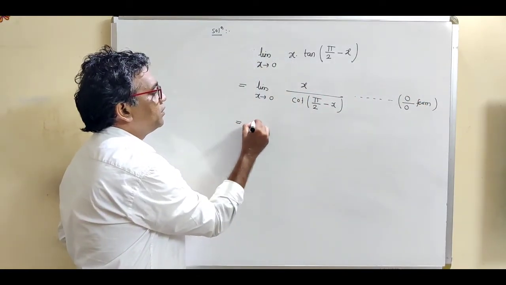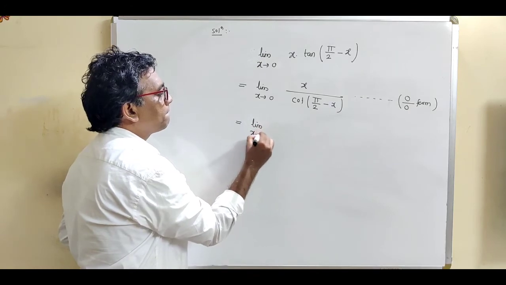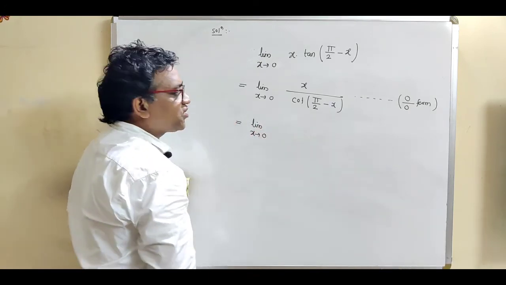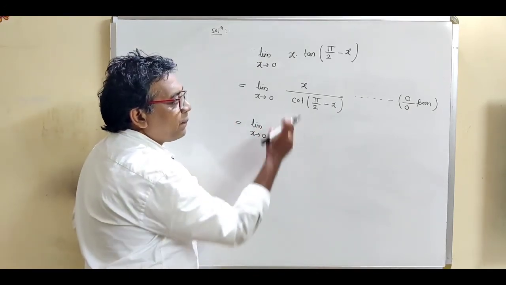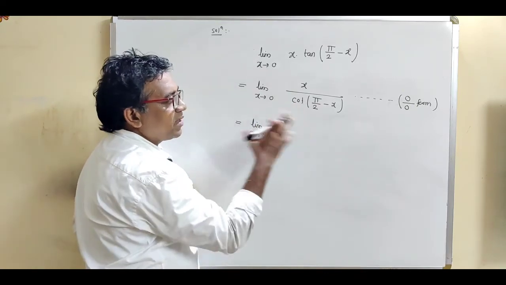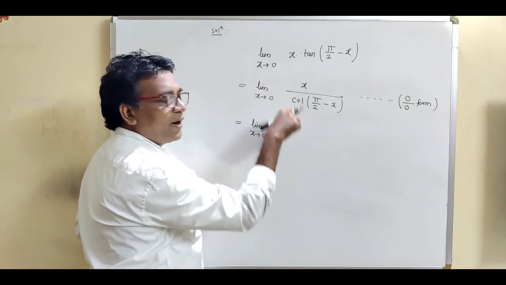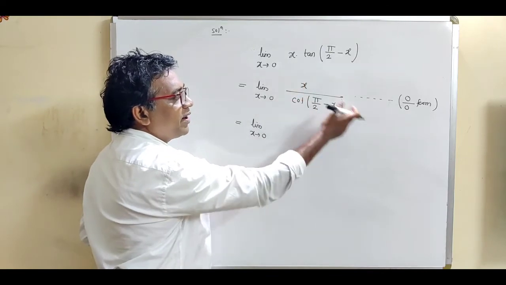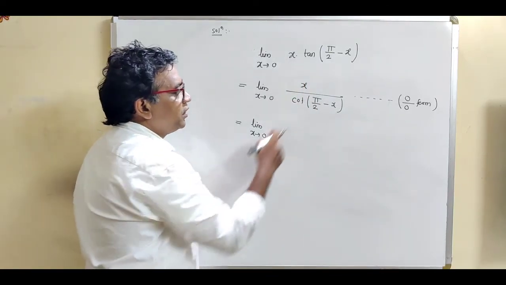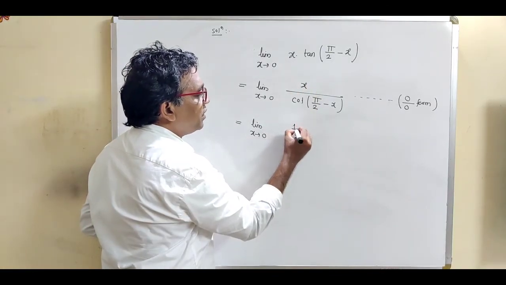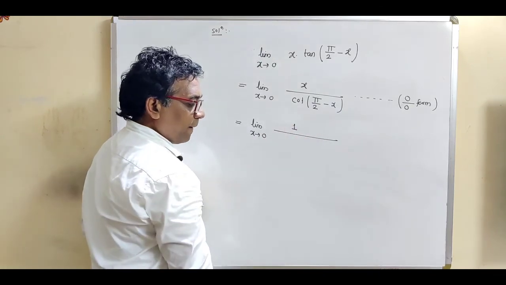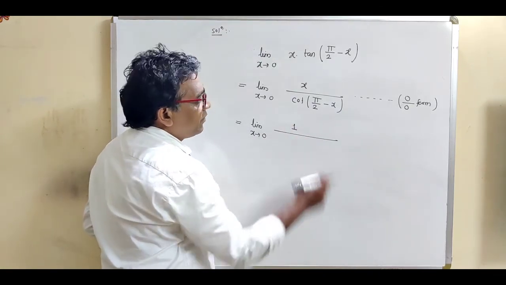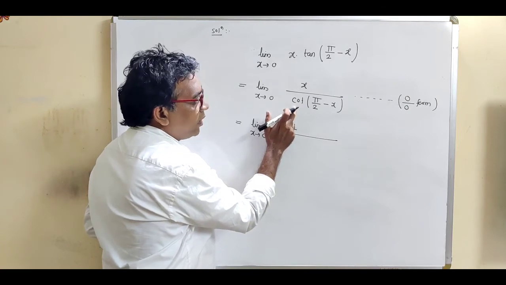So this is equal to limit x tends to 0. Now apply L'Hopital rule. What is L'Hopital rule? Just take the separate derivative, derivative of numerator divided by derivative of denominator. So derivative of numerator it is 1 divided by derivative of denominator.